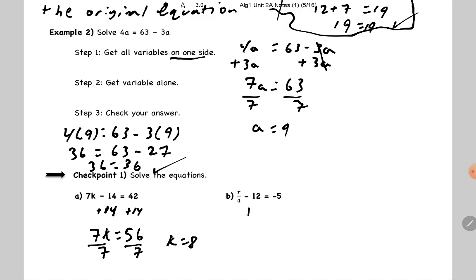Next, r divided by 4 minus 12 equals 7. Plus 12, plus 12. r divided by 4 is 7. R is being divided by 4, so the opposite operation is multiply. r equals 28.